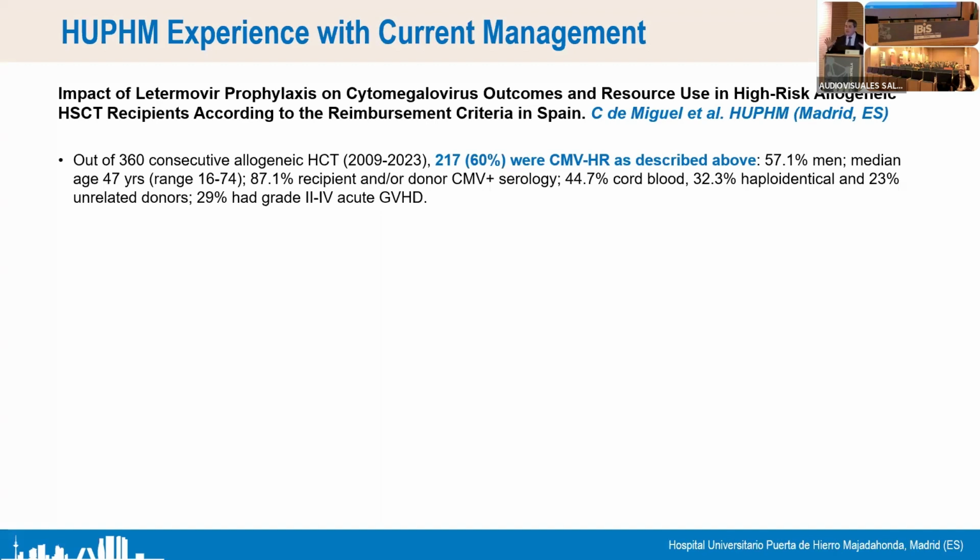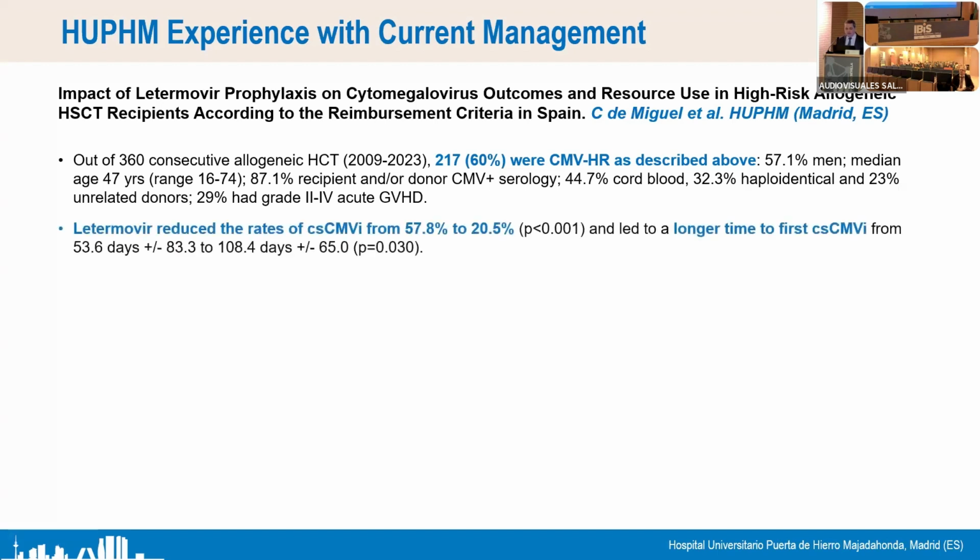So just by these definitions, we're leaving 40% of patients out of prophylaxis. Of course, that saves money to the government, but you're leaving a lot of people out of a possibility of protection from this serious infection, this scourge of transplantation. Letermovir in this population in our hands reduced the rates of infection as we expected, from 57% down to 20%.